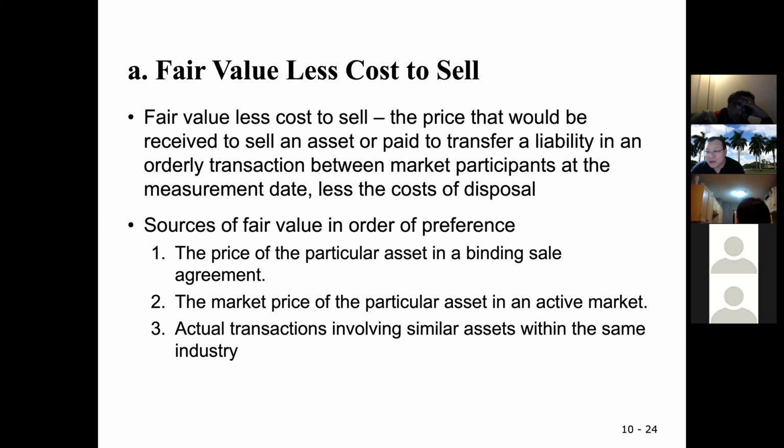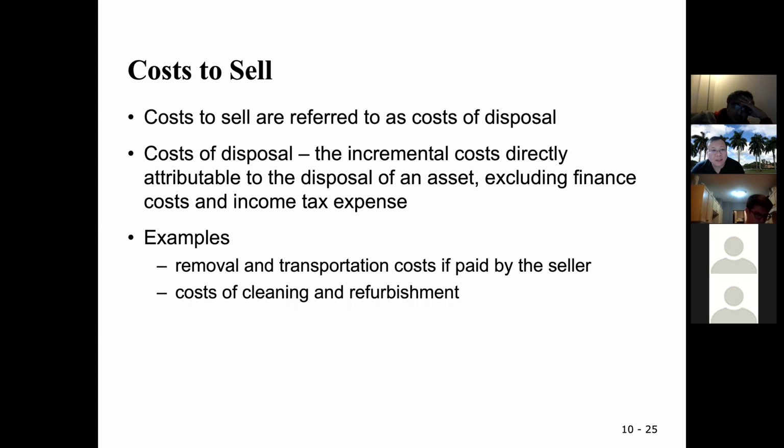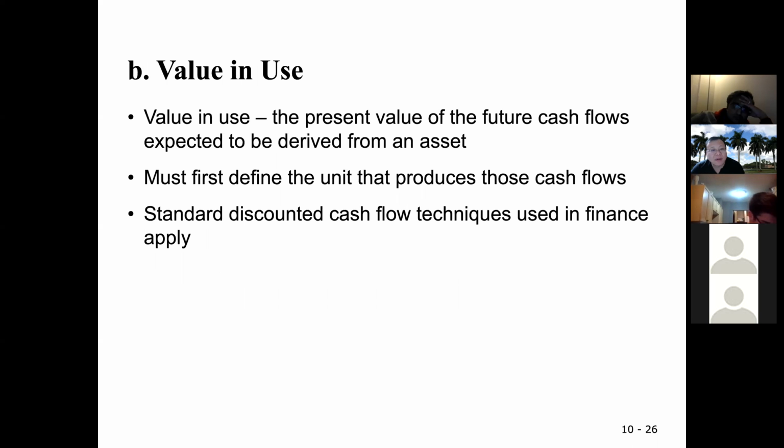So the preference order gets lower from 1 to 3. You will prefer a contracted figure on the contract agreement. So that is fair value, and cost to sell.